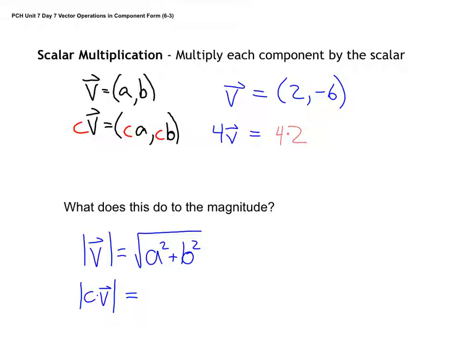So I just multiply the 4 by 2 and I get 8. Now, vector v is telling me to go down 6 units. So if I go down 6 units 4 times, that's 4 times a negative 6, that's a minus 24.